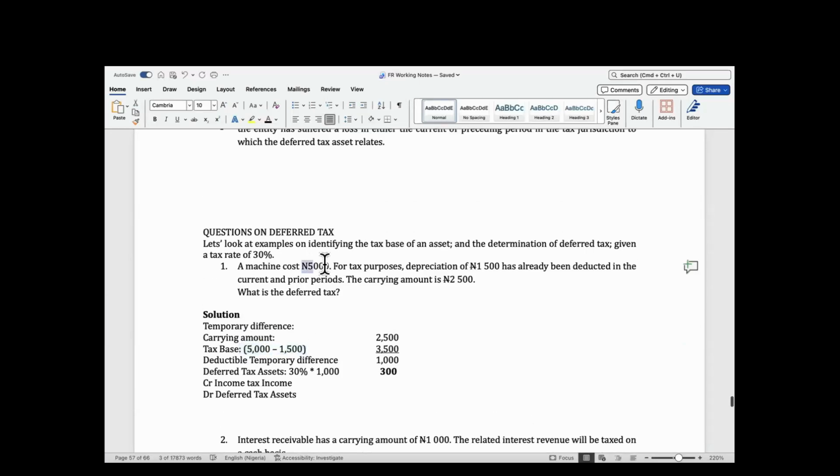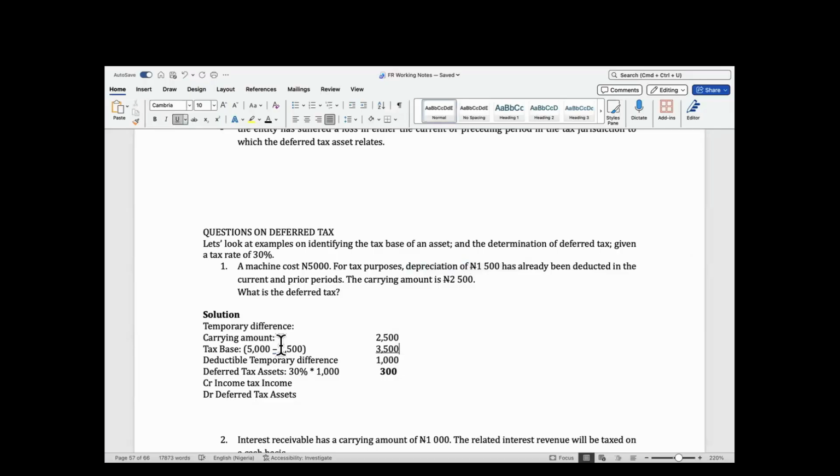So this is the cost of the asset. For tax purposes, the taxman has allowed you 1,500 as capital allowance. So if you're doing tax, your tax base is your cost minus your capital allowance.